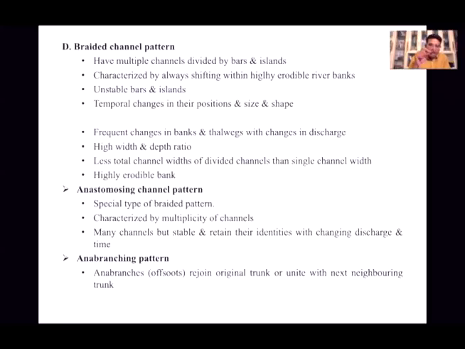Now, one discussion you can add to this, you can write this down, please. Page 411, second column, last paragraph. There are several causes that have been assigned to the development of the braided pattern. Incompetence of the river to transport load. The river is not capable of transporting load, like high channel resistance to flow of the bed load. The bed load is not carried very smoothly, and that bed load can start resisting the channel. Highly erodible banks.